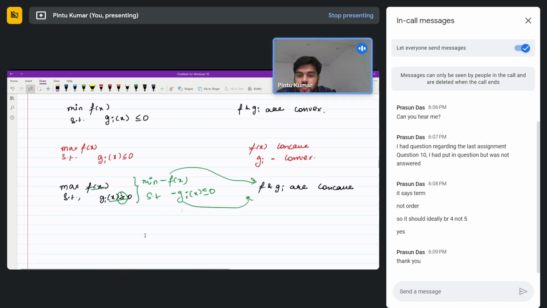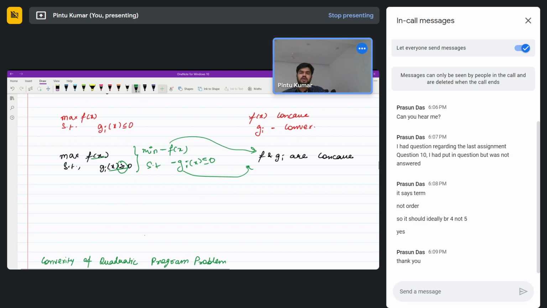Now, if you look at a linear programming problem, you have something like minimize f of x subject to gi of x less than or equal to 0.